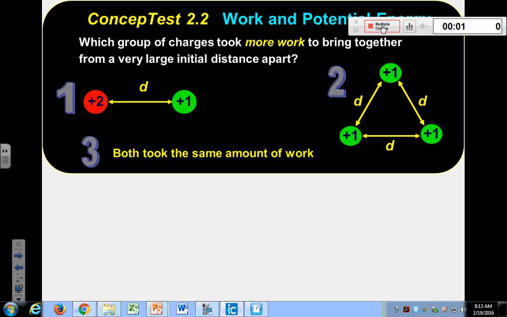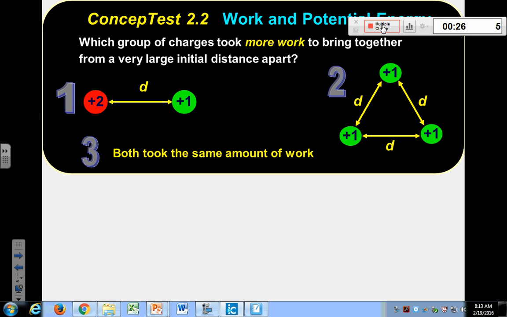So which group of charges took more work to bring together from a very large initial distance apart? Was it group number 1 or A, group number 2 for B, or group number 3 for C? Which required more work to bring together? Or you can think about them, which has the most potential energy contained? Both of those questions would be the same.